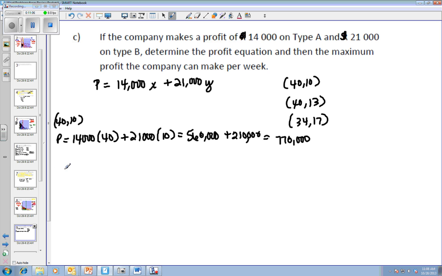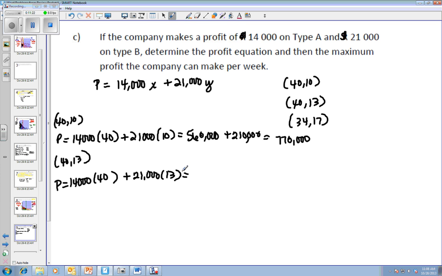Now let's do point 40, 13. So P equals 14,000 times 40 plus 21,000 times 13.